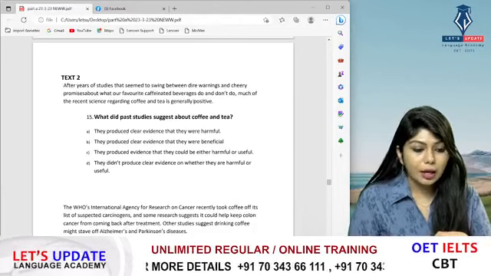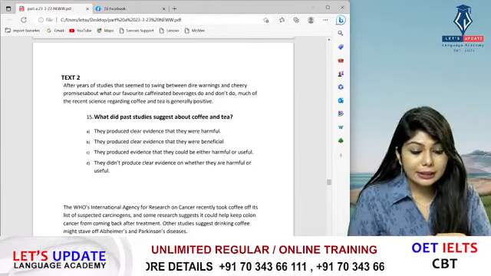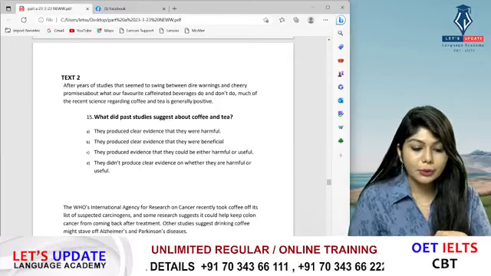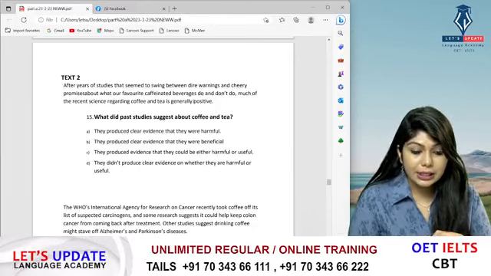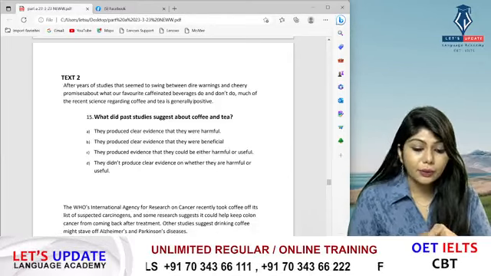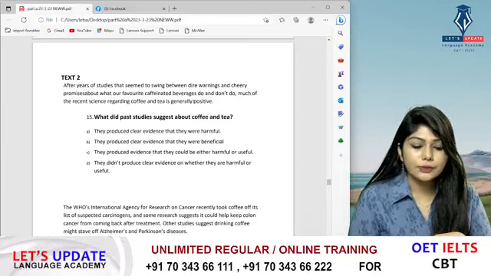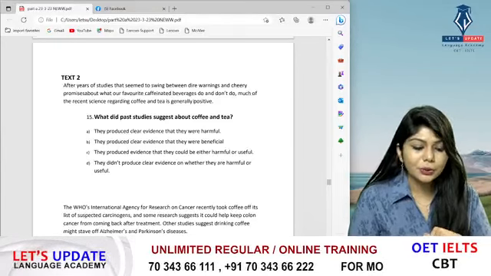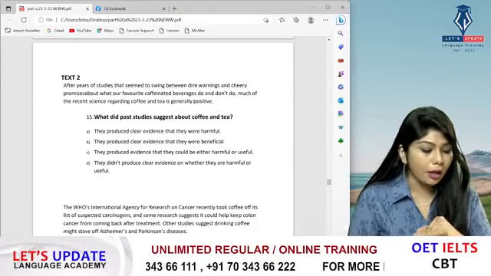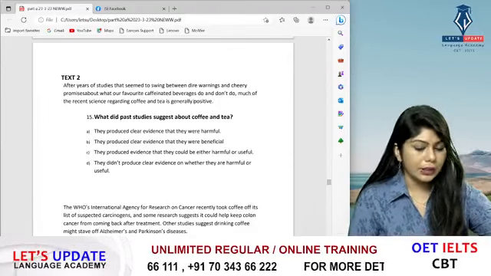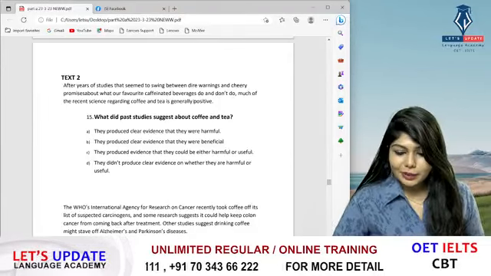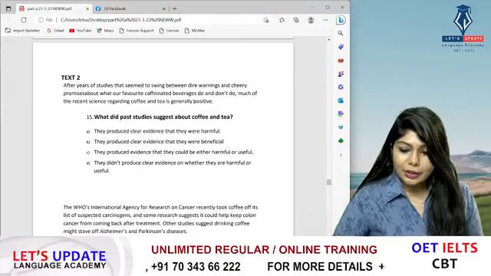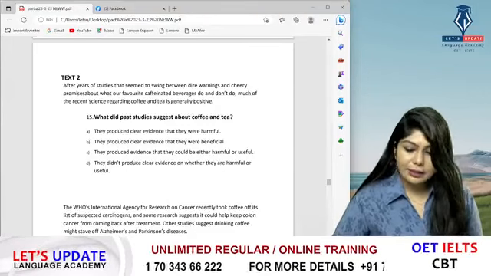The options are: A, they produced clear evidence that they were harmful; B, they produced clear evidence that they were beneficial; C, they produced evidence that they could be either harmful or useful; and D, they didn't produce clear evidence on whether they are harmful or useful. Let me read out your choice of answers.